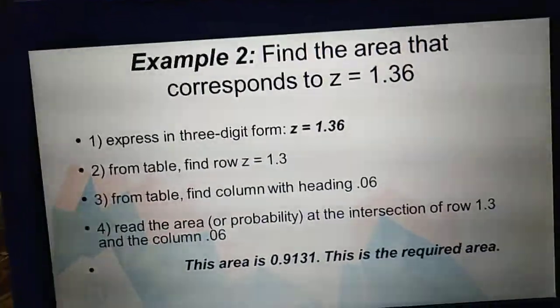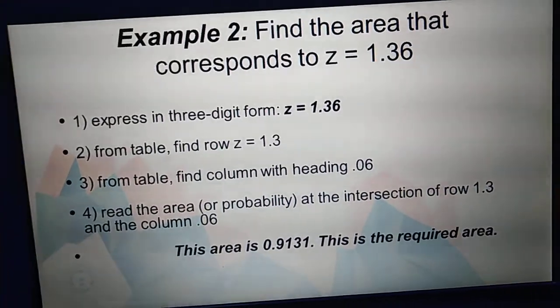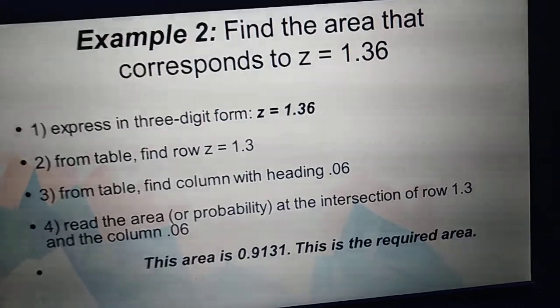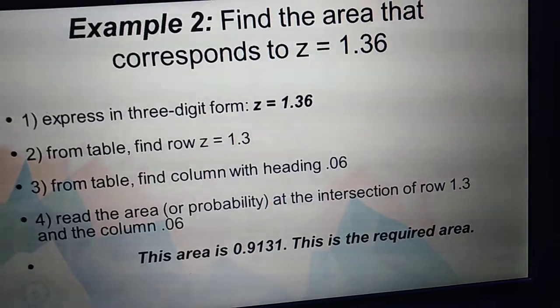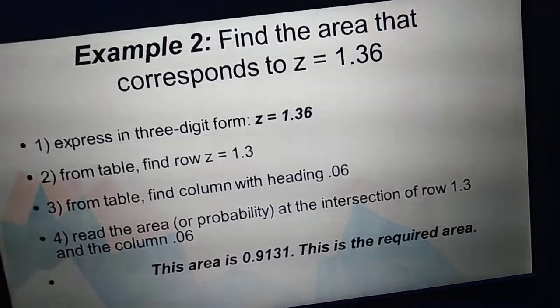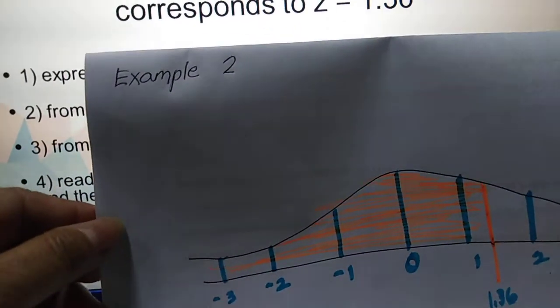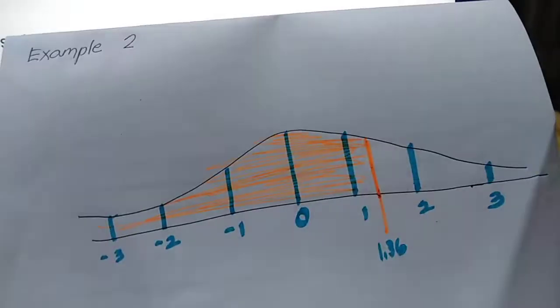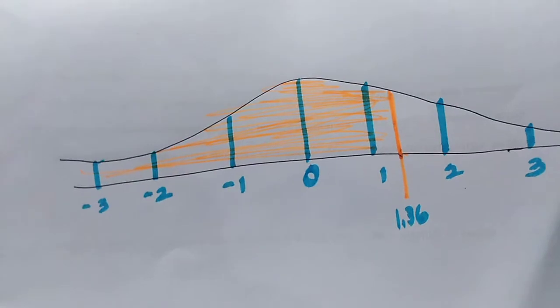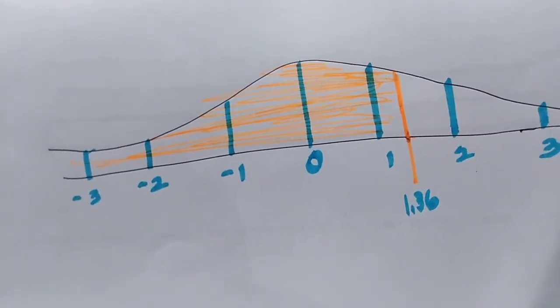For number 2, where z is equal to 1.36, we now have the value of 0.9131. We are looking for the area from the left until 1.36.